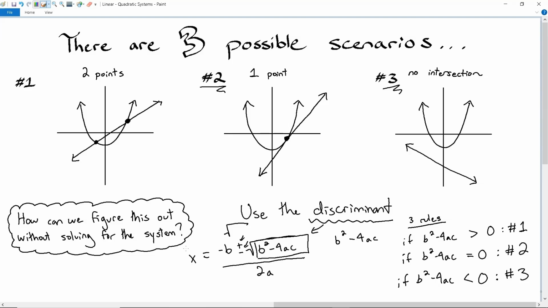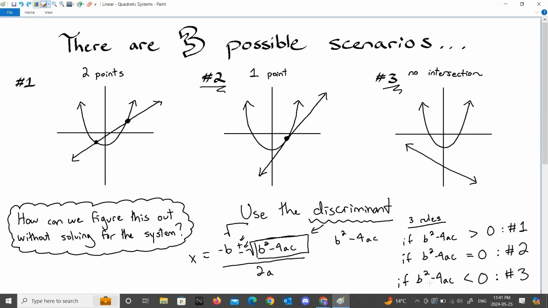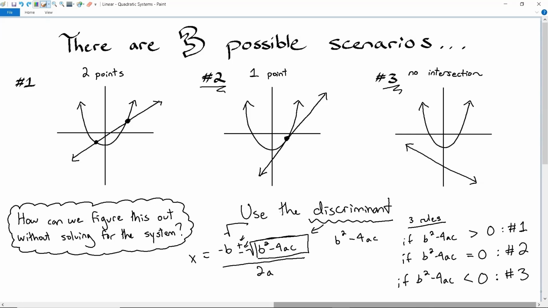If b squared minus 4ac equals 0, and I take the square root of 0, I'm only going to get a value of, you guessed it, 0. So it doesn't really matter if I do a plus or a minus, because it's going to be the same number. And finally, if b squared minus 4ac is a negative number, you cannot square root a negative number. Therefore, you cannot find any real answer to your question, and there is, again, no intersection. So that's why the discriminant is so useful in these kinds of questions.